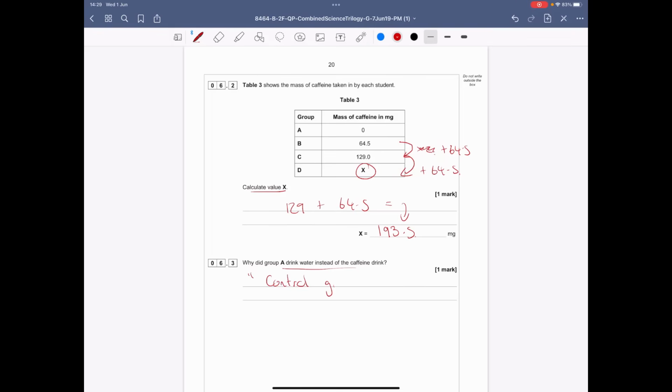So it is a control group, and the whole point of a control group is to see the difference with no impact of the drug. So it's effectively giving us a baseline measurement.